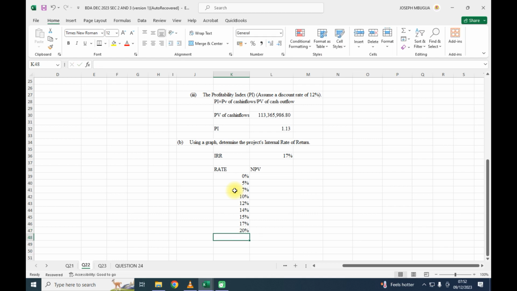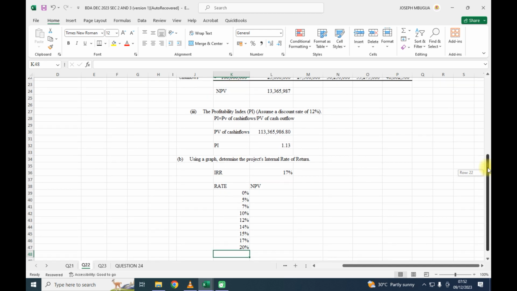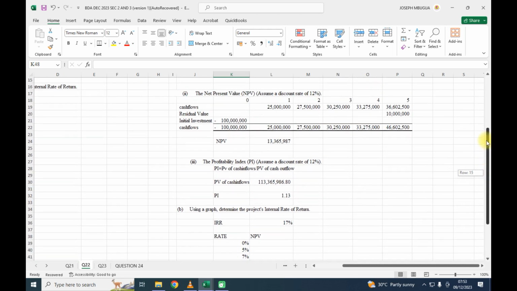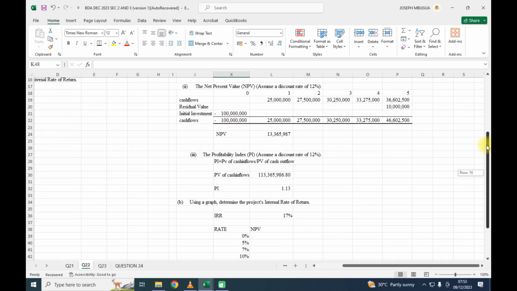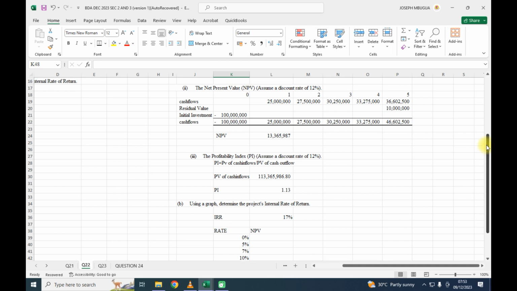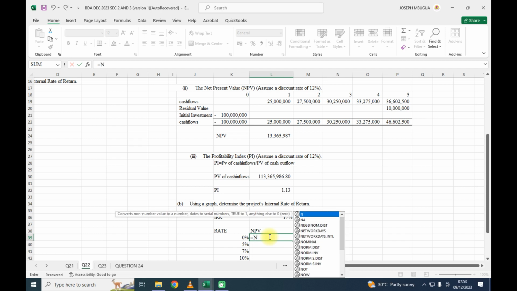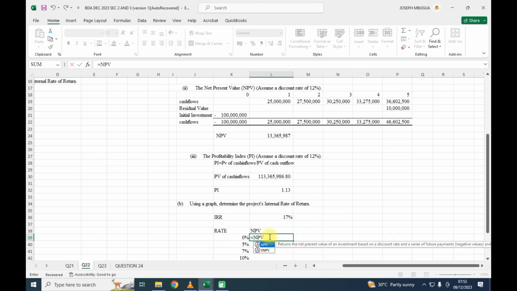These are just guesses, whereby you need to calculate NPV at each particular level. Remember, already we know our cash flows. So here I will use the cash flows that we had in Roman 2. Our NPV equals NPV. I will tab. My rate will be this. I put a comma, and my values will be this one.